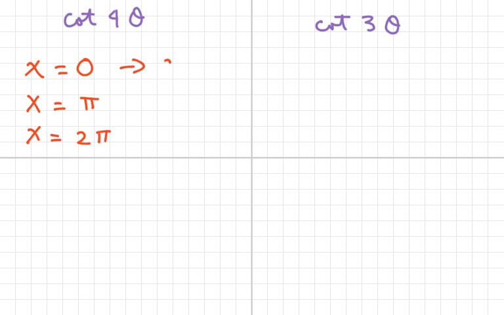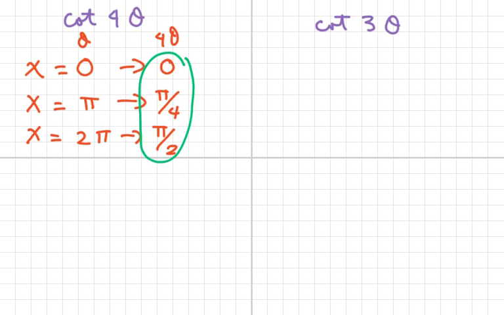When I do this, this will remain 0. This is your 4 theta, and this is your theta. This would be pi over 4, and this one is going to be pi over 2. So all of these lines would work between 0 and 2 pi.